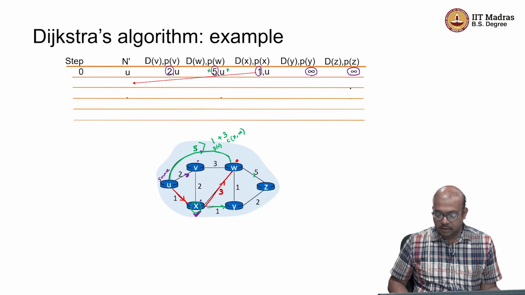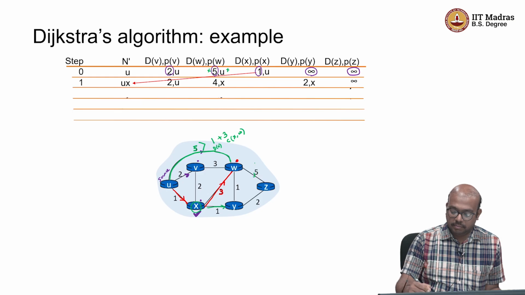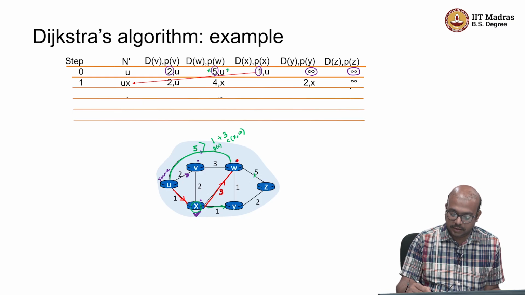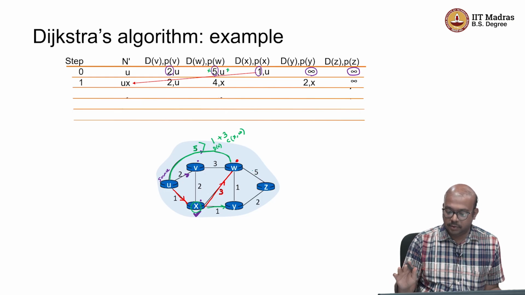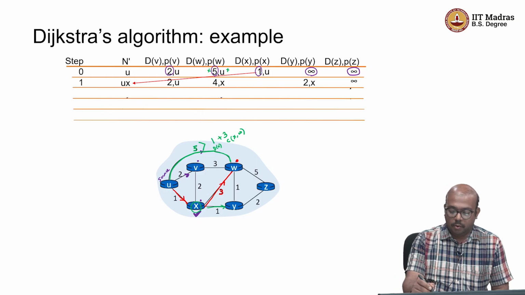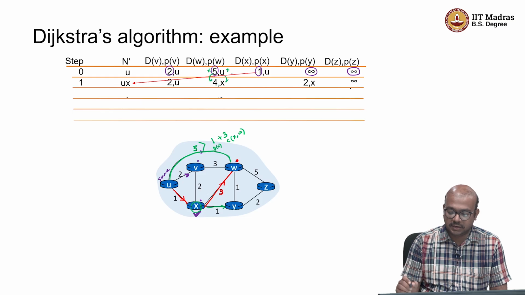Okay. So, actually x is added, w is not yet added in the list. So, z is also still going to be out; we still do not have a link to z yet. So, 1 is transferred. So, ux is there, and as you can see that 5 is updated to 4 and the predecessor node is updated to x. This part is done.